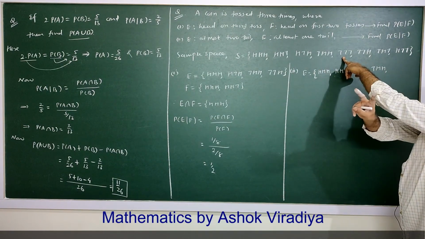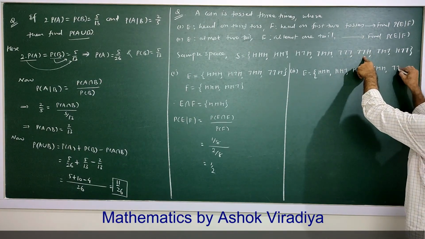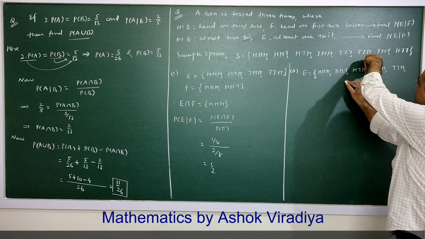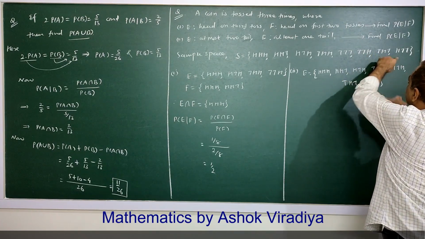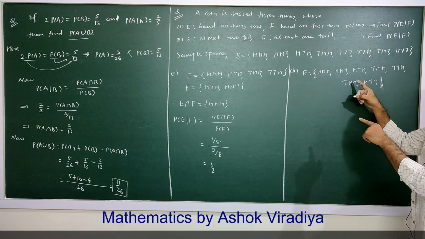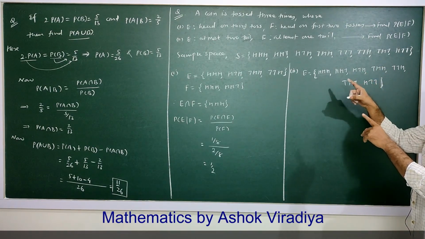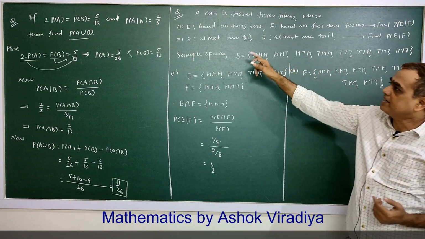At most 2 tail, maximum 2 tail, so this is not allowed. This is allowed, TTH. This is allowed, THT, HTT. So 2 tails, 1 tail and 0 tail. That is elements in event E.